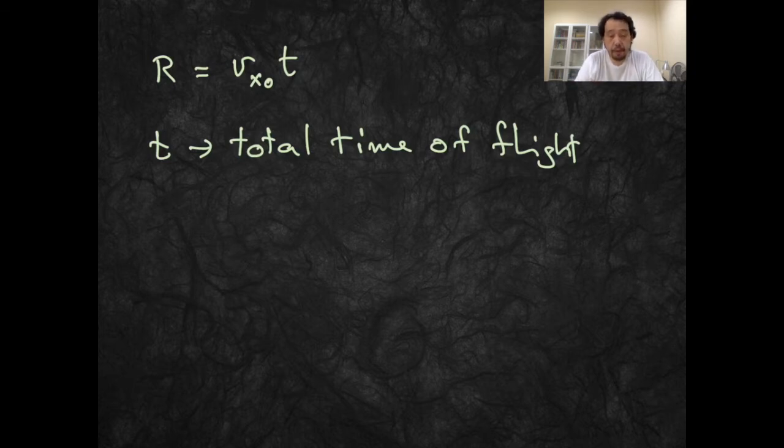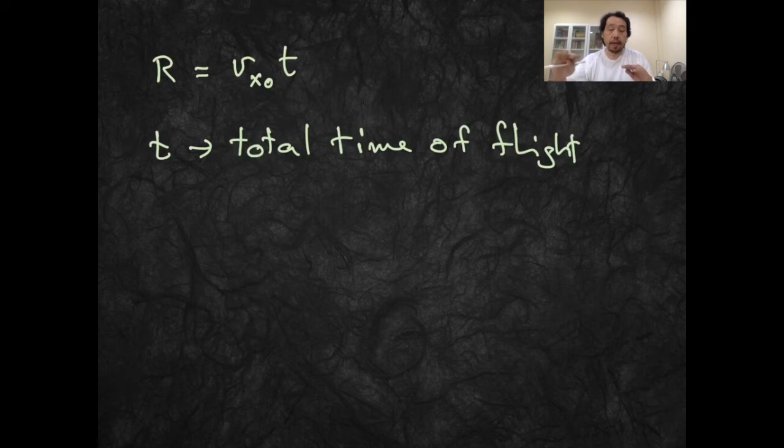If we want to calculate the time of flight, we have to calculate the total time of the motion in the vertical direction. Why? Because the object will stop when it hits the ground again. The motion in the horizontal direction will keep the object moving forever, because there is no acceleration in the horizontal direction, so the particle will move at a constant velocity forever.